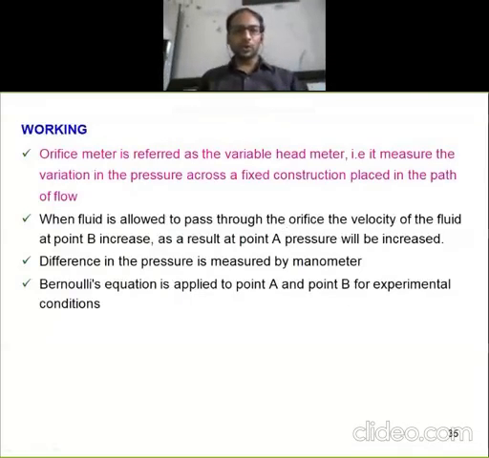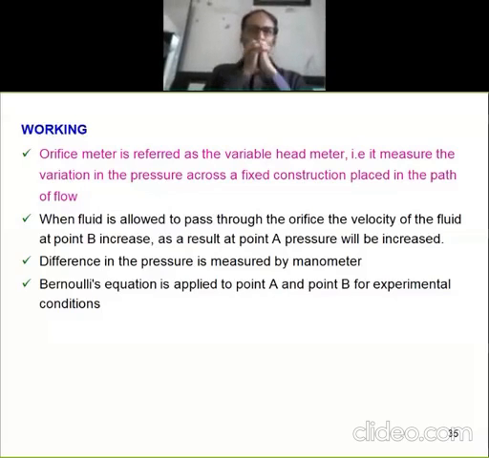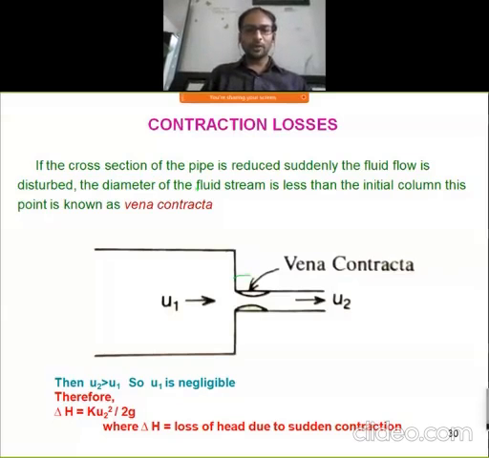Okay, so how does it work? Already we discussed how this velocity can be measured and how the pressure drop comes about. Already in our constriction losses we went through that equation: delta h equals K u squared divided by 2g, where u is greater than u1, as here we are giving constrictions to your stream.